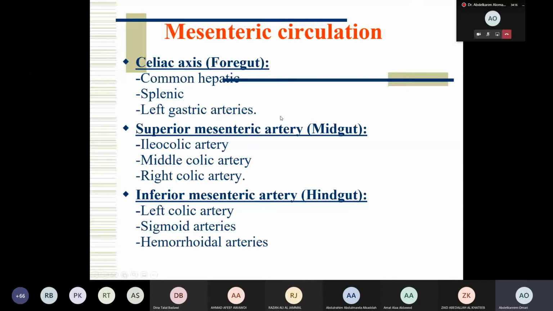We are going to talk about the other two. The superior mesenteric artery supplies the midgut. From where? From the second part of the duodenum, where the common bile duct usually enters, up to the transverse colon.